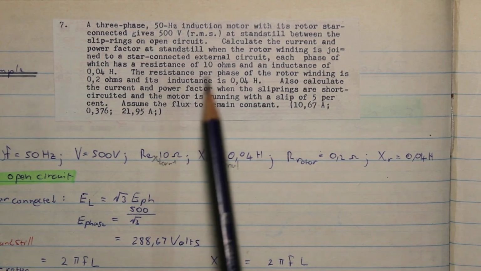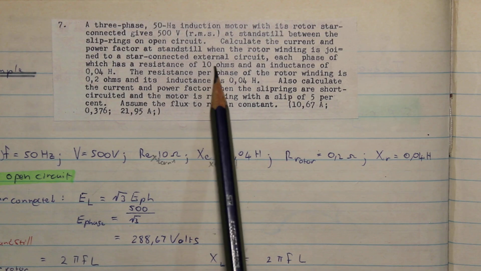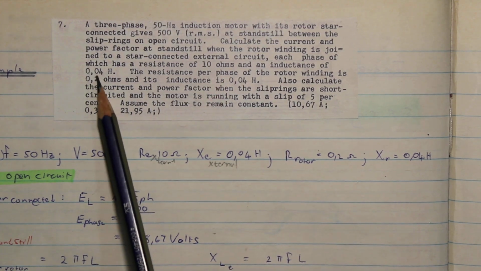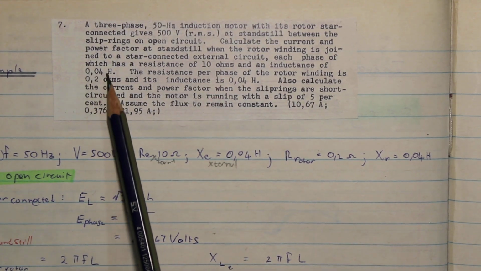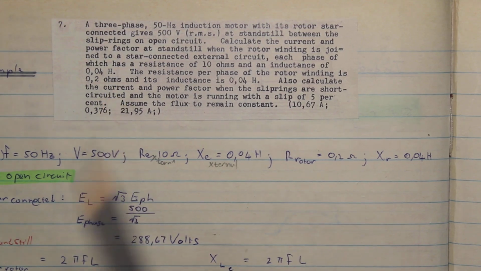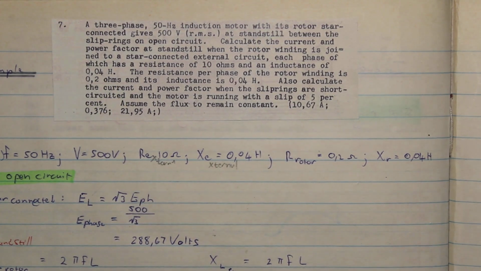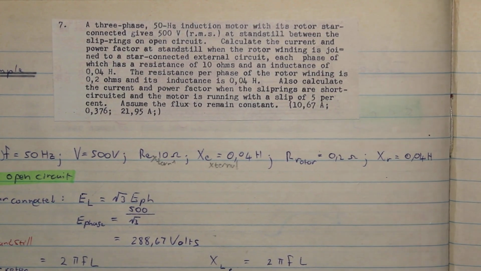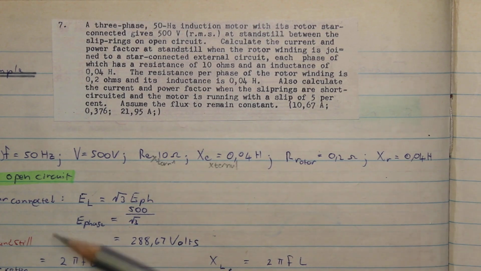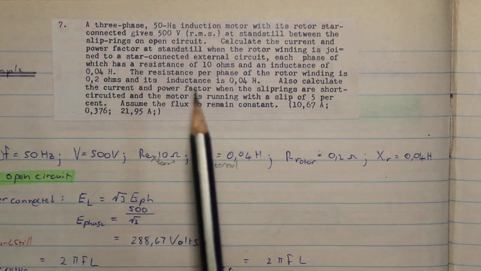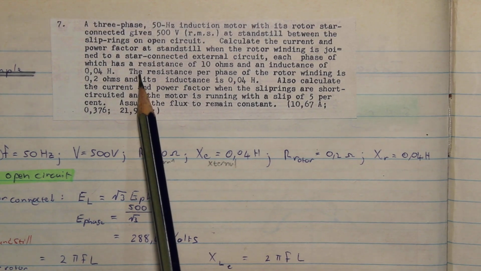Okay, so that's what each external resistor has, 10 ohms and 0.04 henries. The reason why it's got an inductance as well is because if you see one of these resistors in real life, it looks like a cylinder that is wound with a coil. So it's got a small inductive reactance, but it's a larger resistance. So it has got an inductance.